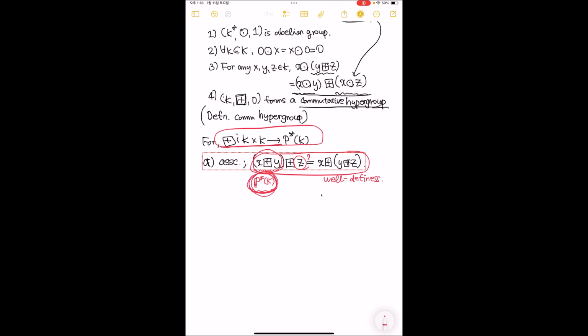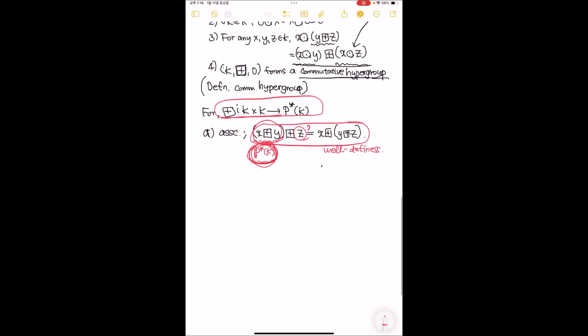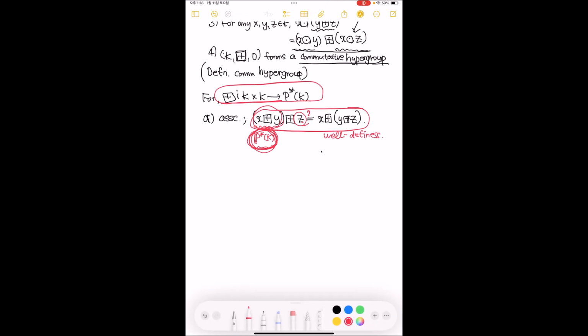That is a power set, not a set K. So to solve this problem, the following additional definition will be required.